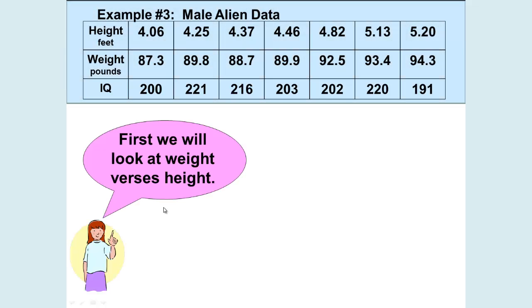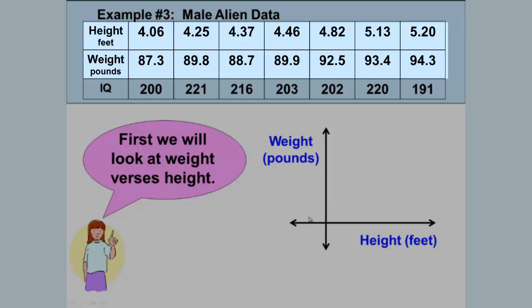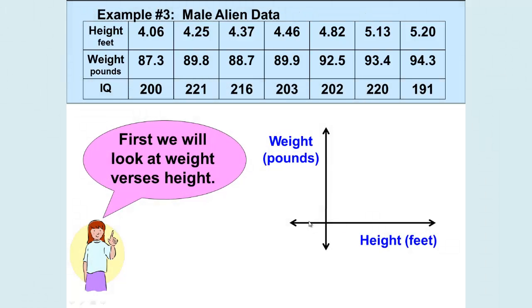First of all, we will look at weight versus height. That means our weight needs to be our vertical axis and our height will be our horizontal axis.